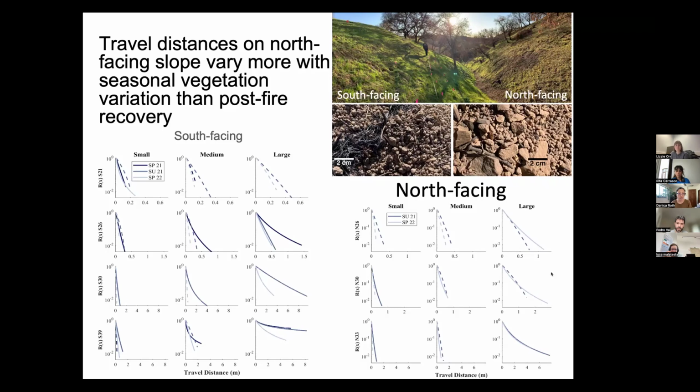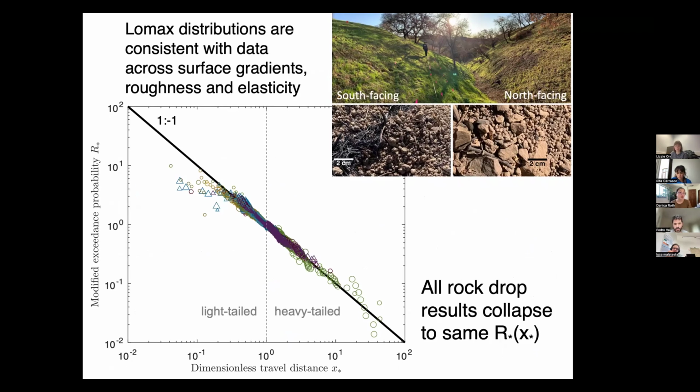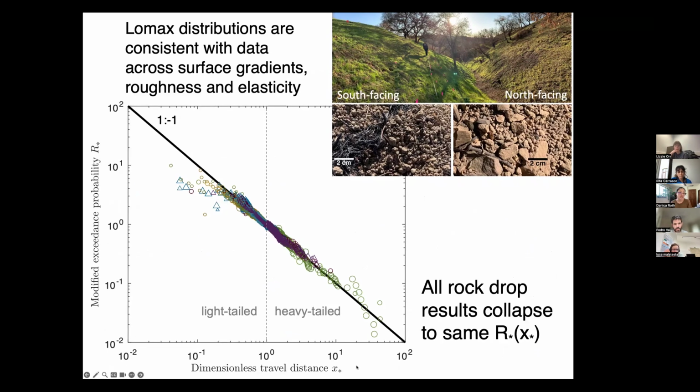But one important point here is that I've collapsed all of the travel distance data from the north and south facing slope across all time periods onto a modified exceedance probability and dimensionless travel distance, which is essentially if they're fitting a Lomax distribution correctly, then it would fall on this one-to-one line.